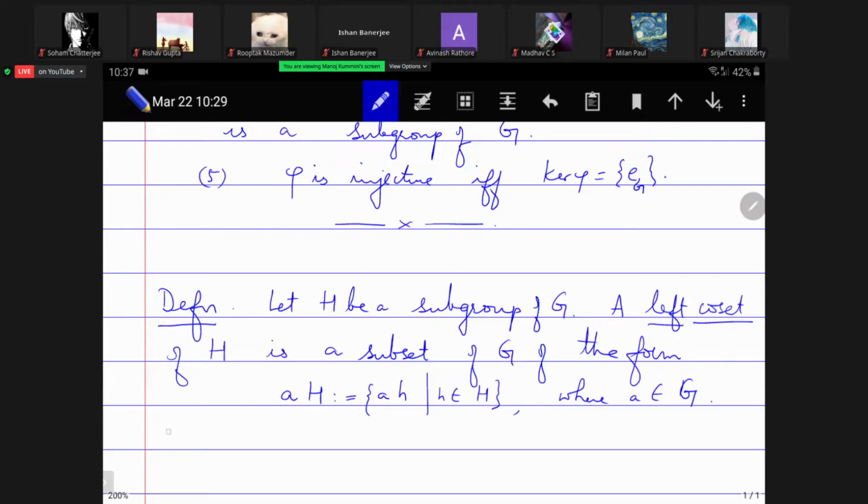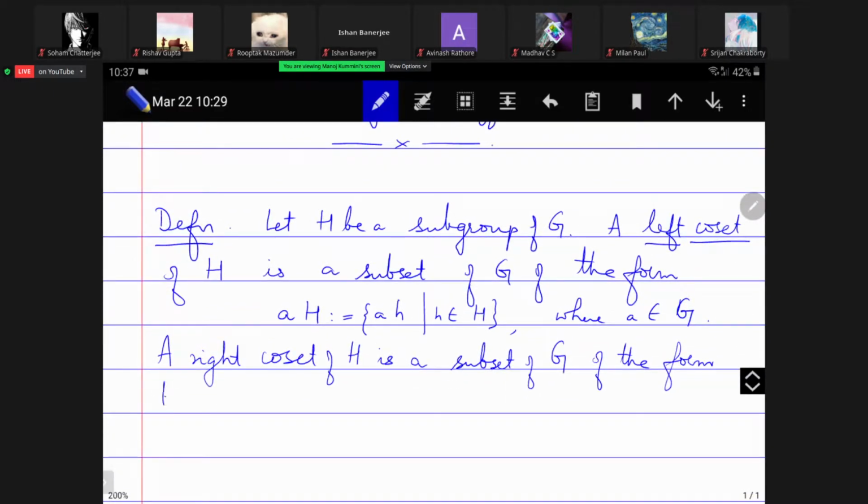Similarly, a right coset of H is a subset of G of the form Ha. This again, by definition, is ha, where h is inside H, and a is in G.